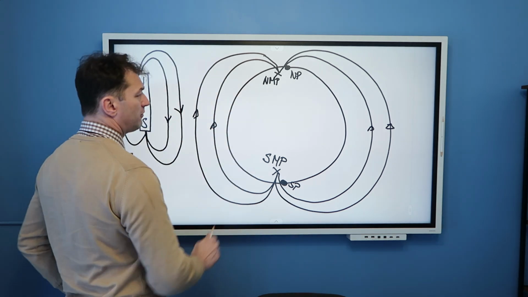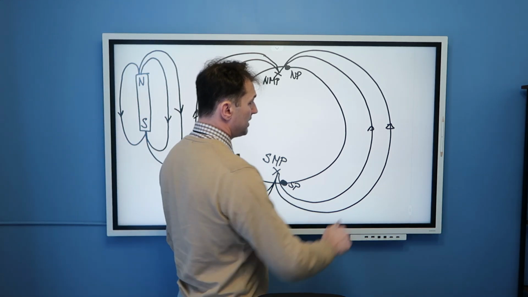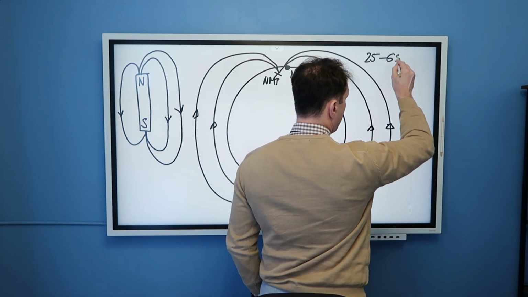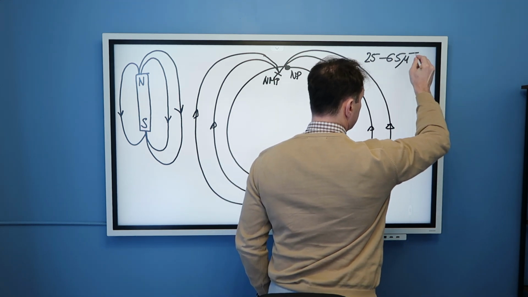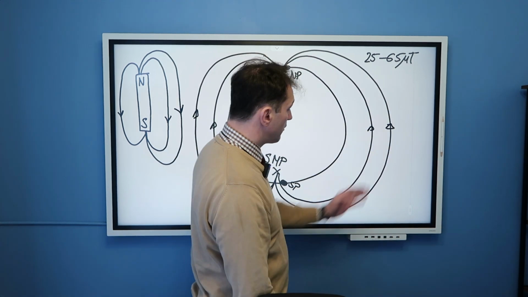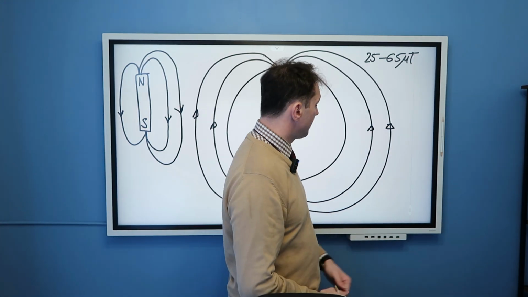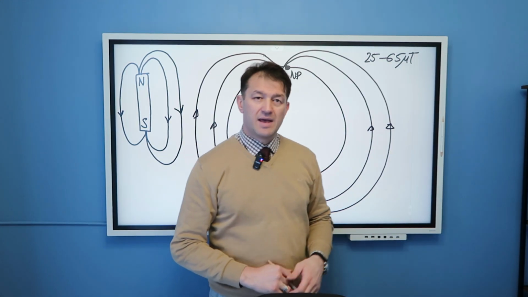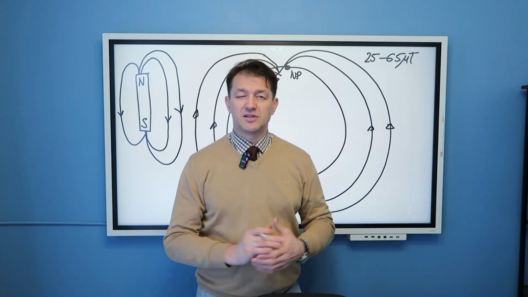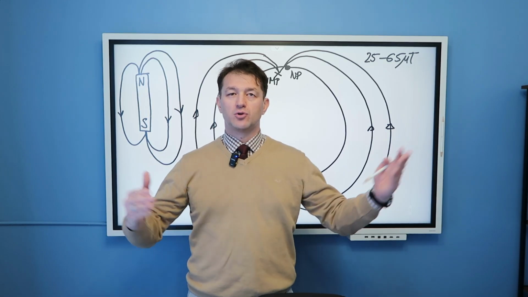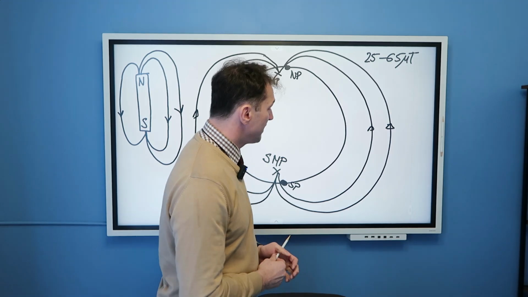Now, the magnetic field of our planet is rather weak. It is between 25 to 65 microteslas. You know that this is a symbol for micro, 10 to negative 6, and Tesla is a unit for the strength of a magnetic field. But Tesla is a very large unit. It is very difficult to create magnetic fields of several Teslas, 1, 2, 3, 5, 7 Teslas.